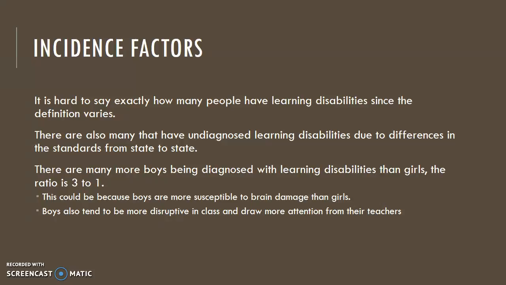Another thing is that many more boys are diagnosed with learning disabilities than girls, about 3 times as many. This could be because boys are more susceptible to brain damage, but it also could be because boys tend to draw more attention from teachers because they are more disruptive in class.